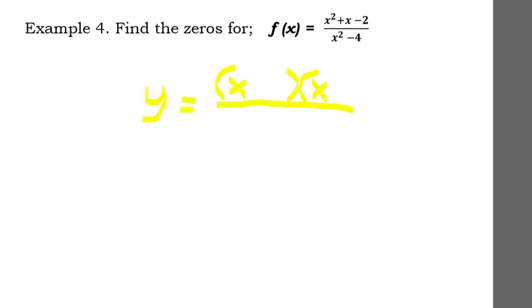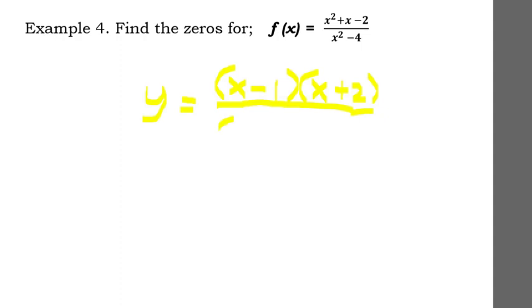The factors of 2, you have 1 and you have 2. Okay. So what must be the signs of 1 and 2? So 2 must be positive and 1 must be negative.